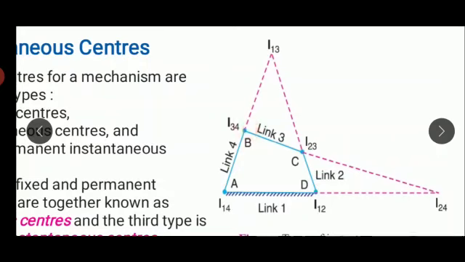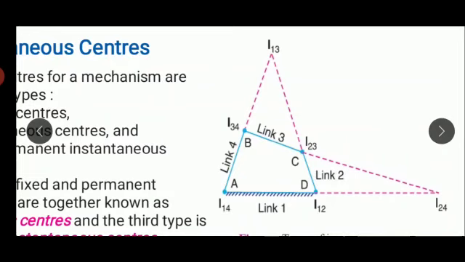The instantaneous centers I23 and I34 are permanent instantaneous centers, meaning they change when the links change position, but they are not fixed. The meaning of permanent is that when the position of link 2 or link 3 changes, the position of the instantaneous centers I23 and I34 changes.